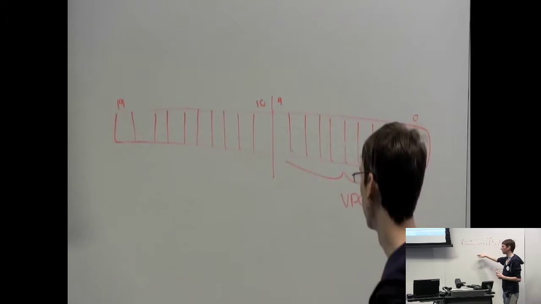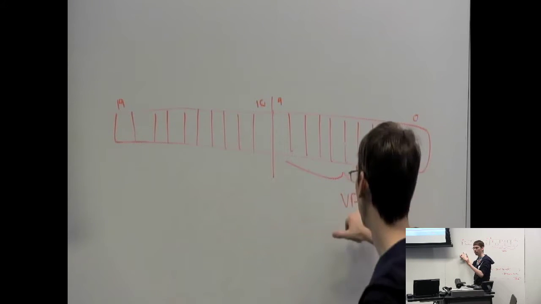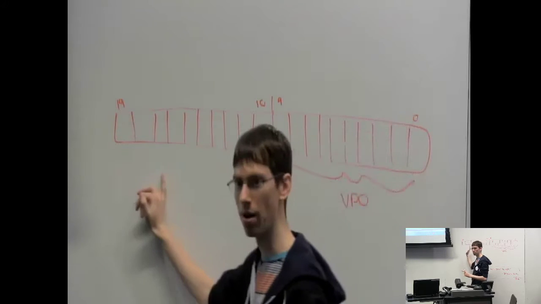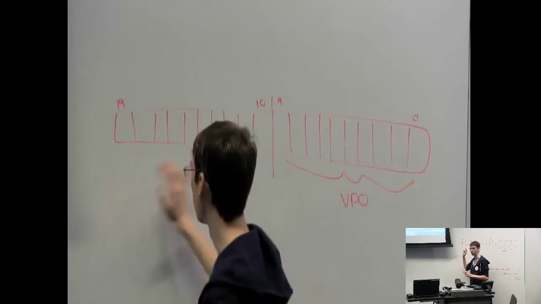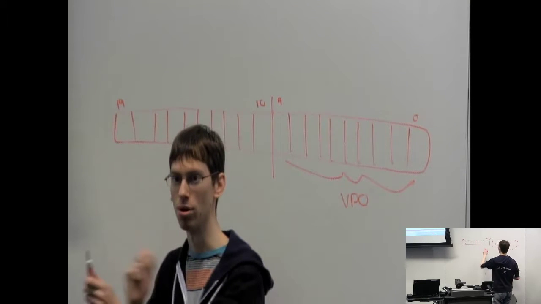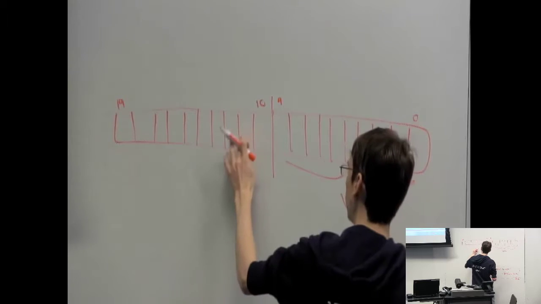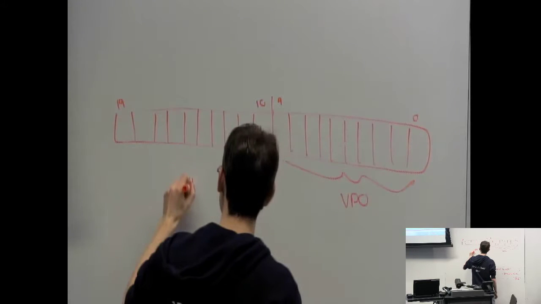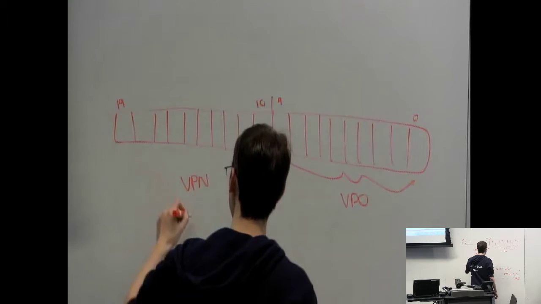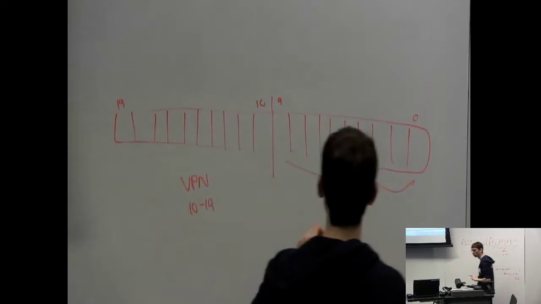So all of the bits that aren't the page offset are used for the page number. And then remember that the page number was split again into the two TLB pieces, so there's going to be some overlap in these categories. So the rest of it is the virtual page number. The virtual page number is bits 10 through 19, and the virtual page offset was 0 through 9. We got that from 1,024.